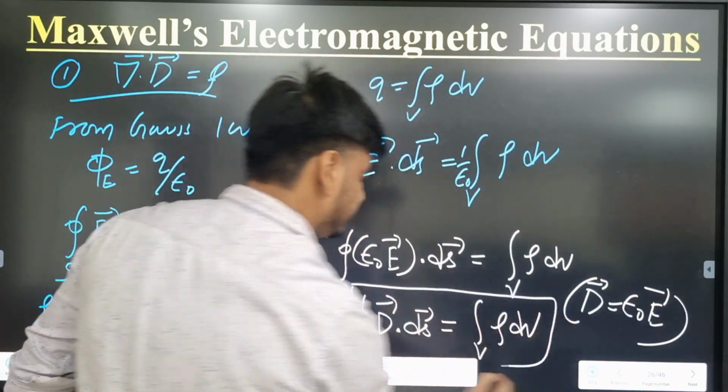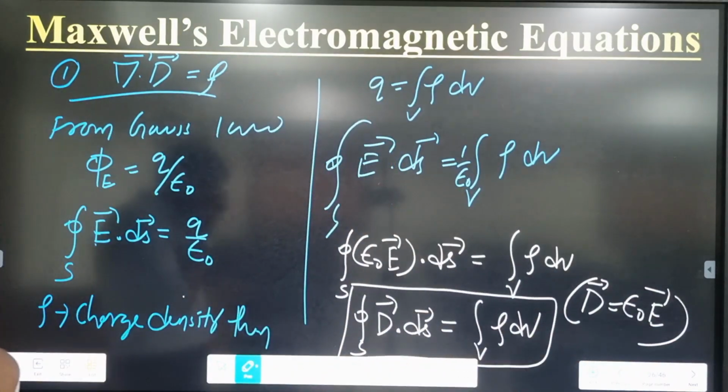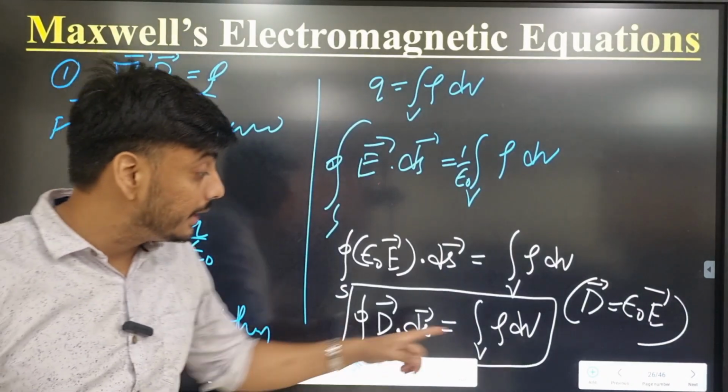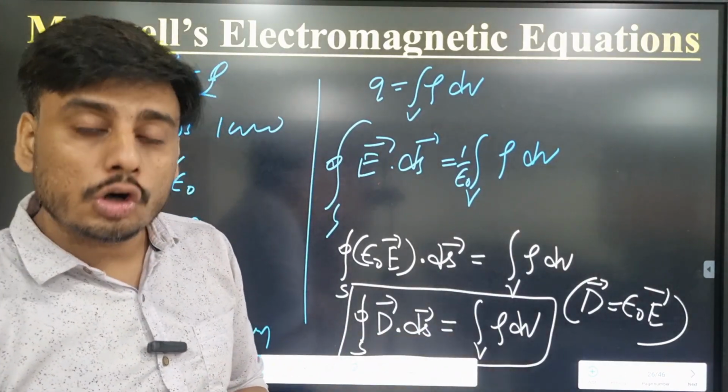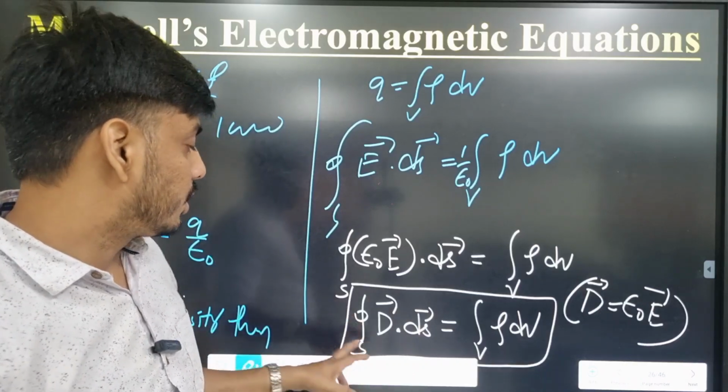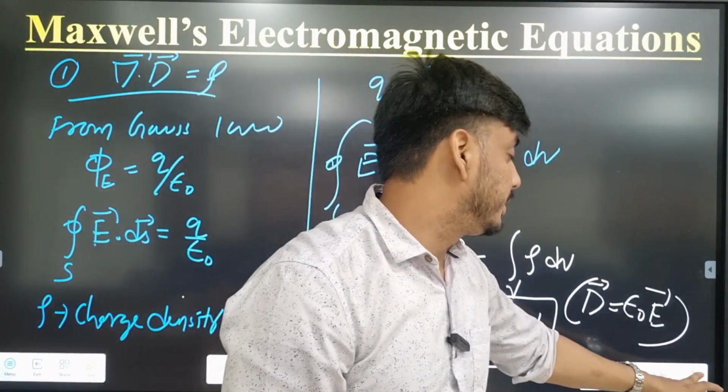We get this equation. Now you can see on the left hand side we have a surface integral, and on the right hand side we have a volume integral. We are going to use the Gauss divergence theorem to convert from surface to volume integral.